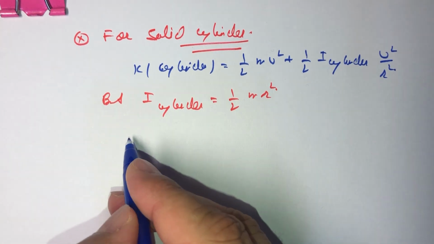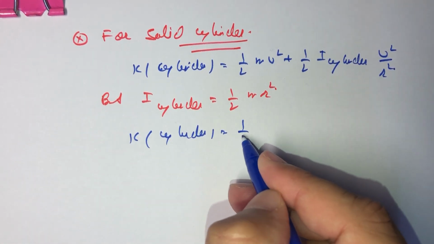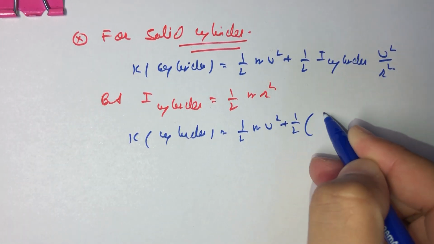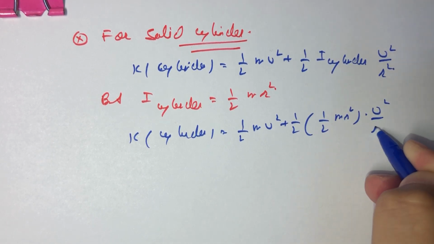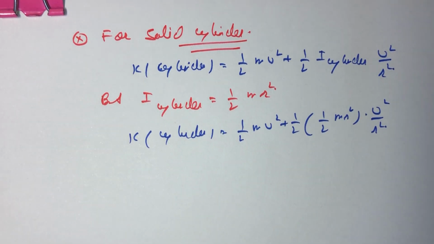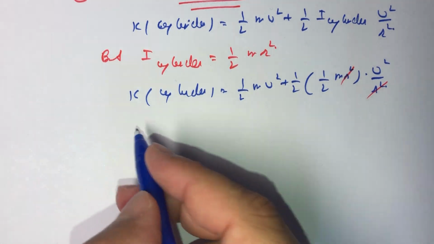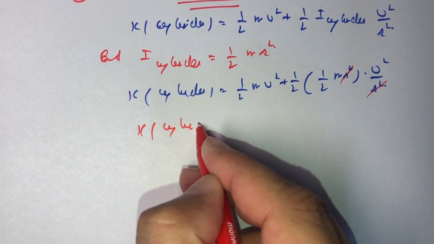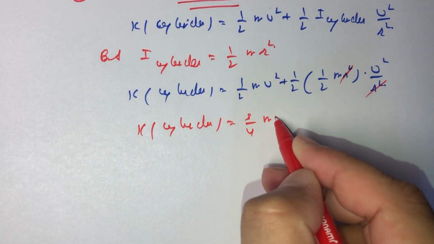Substituting the value, K cylinder is equal to half mv squared plus 1 by 2 multiplied by its moment of inertia times v squared upon r squared. r squared cancels out, and we can solve it. Kinetic energy for the cylinder will be equal to 3/4 mv squared.